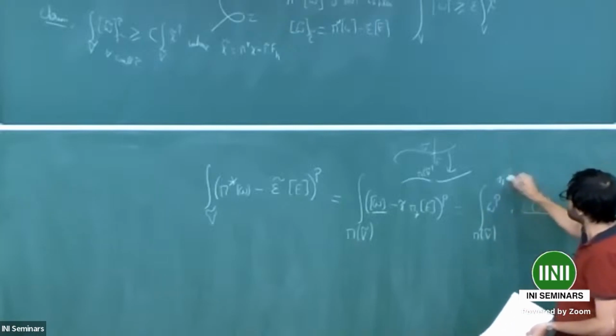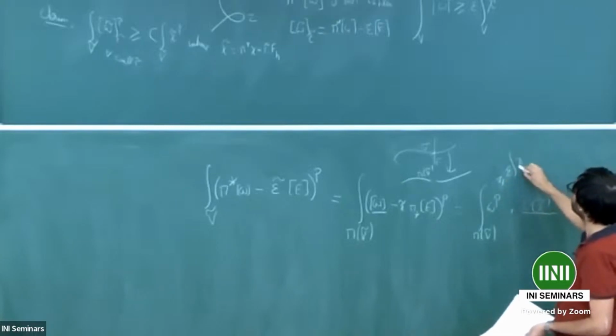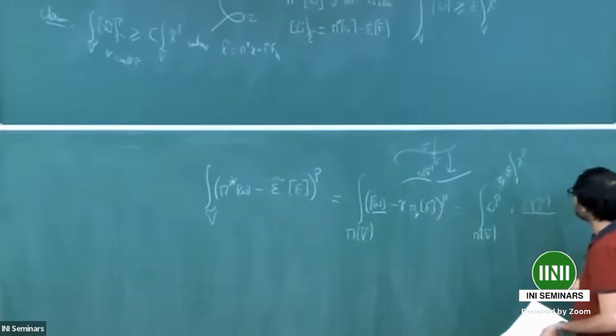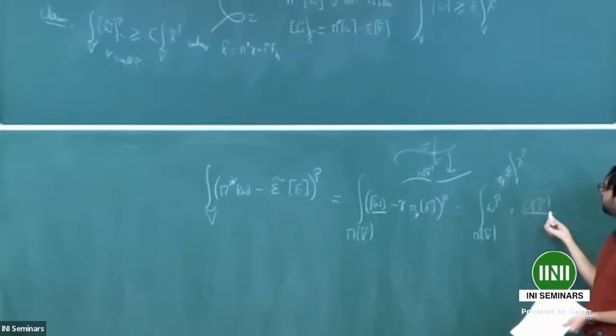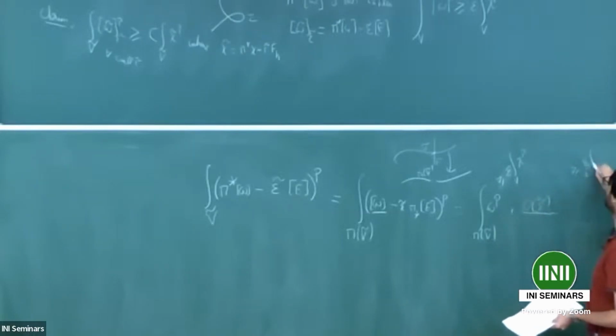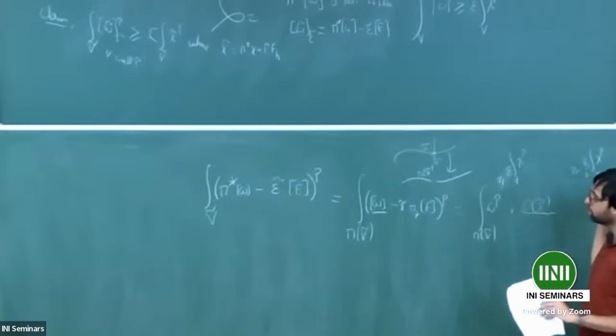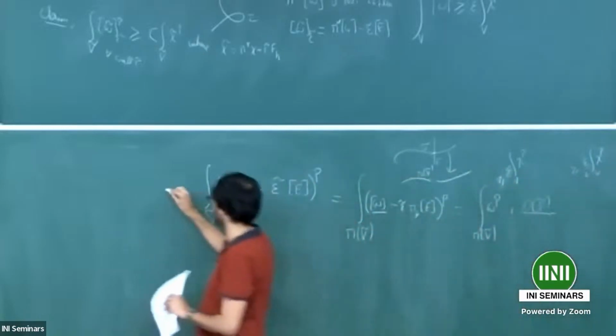So if you knew instead that this was larger than this, now there is some hope, right? We can hope that if epsilon tilde is very small, this plus this is still larger than, let's say, epsilon over 2 times this, right? This is the hope. Is that true? I'll come to it in a moment. But let's say this is true.